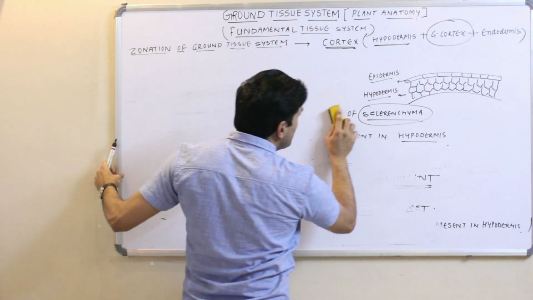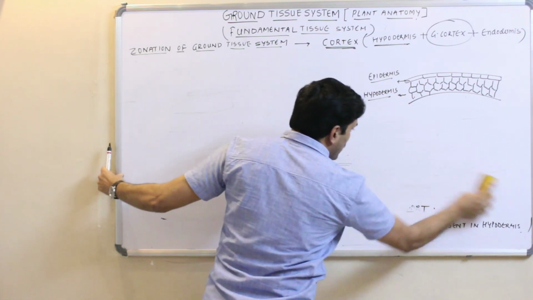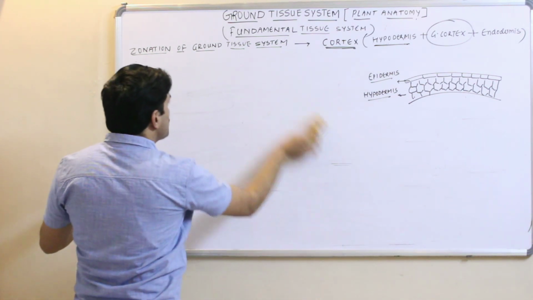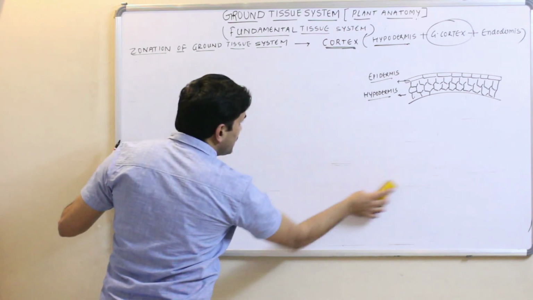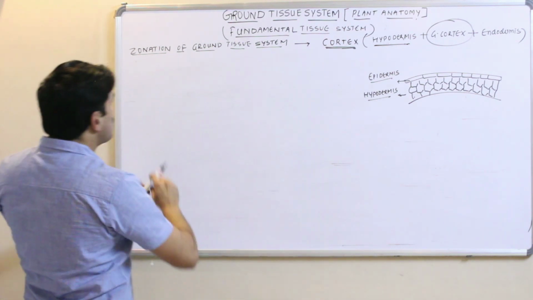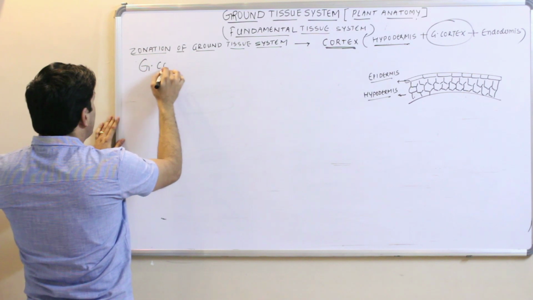Now first of all you must know where general cortex is present. Let's talk about the general cortex.